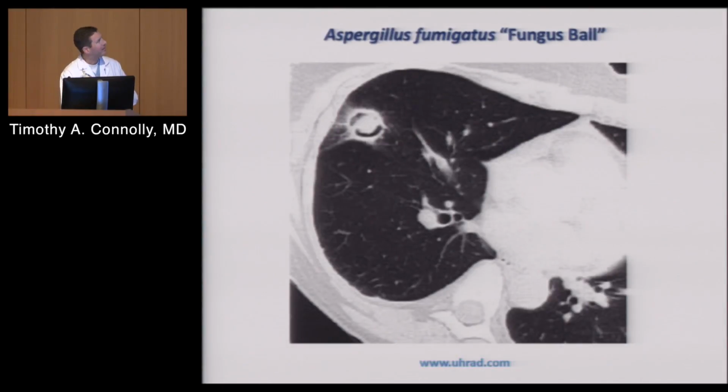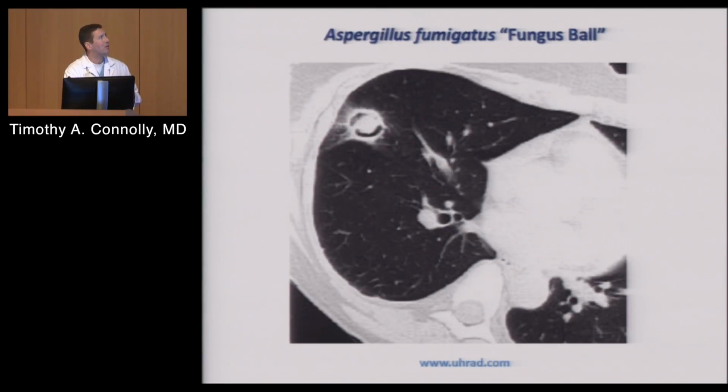And here's a classic example of a fungus ball. So again, this is where a fungus like Aspergillus will set up residence in an old cavity left behind by pneumonia or TB or other. The treatment for this is not antifungal therapy. The treatment for this is cut it out, because you're not going to be able to fix this.